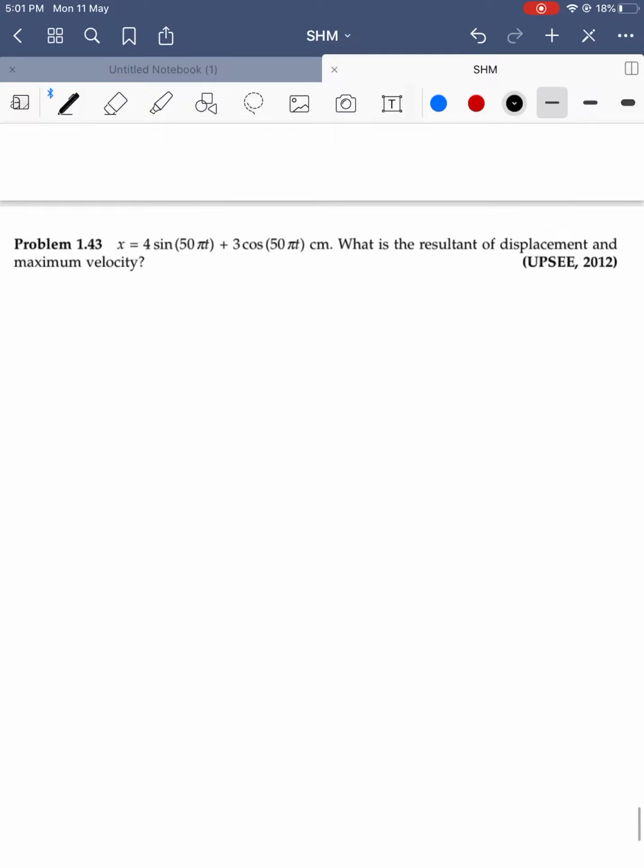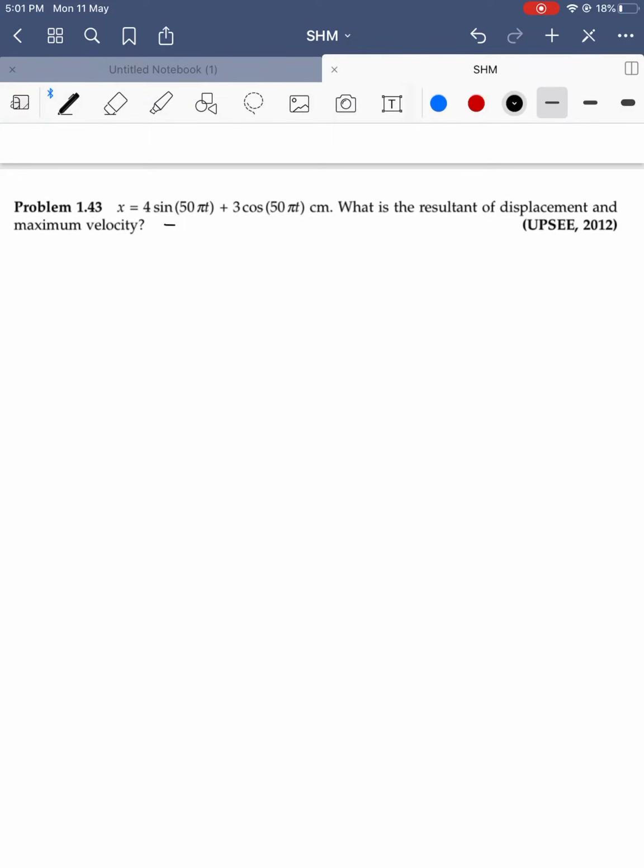So let's see, x is equal to 3 cos 50 pi t plus 4 sin 50 pi t. Find the resultant displacement and maximum velocity. To get the resultant displacement, we need the amplitude A. Both should be in a single term, sine.